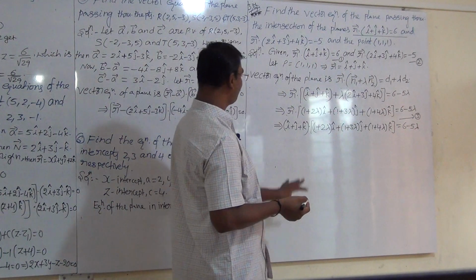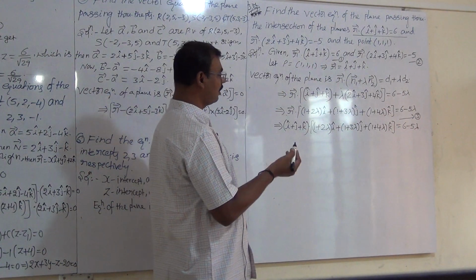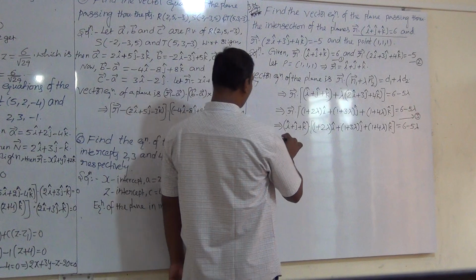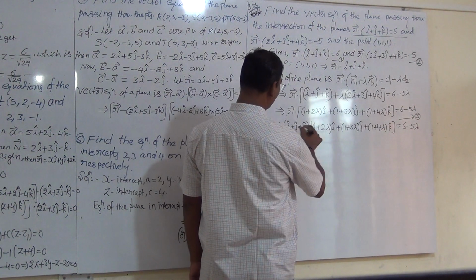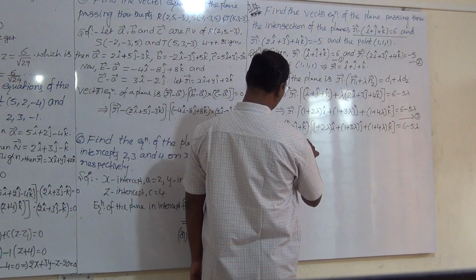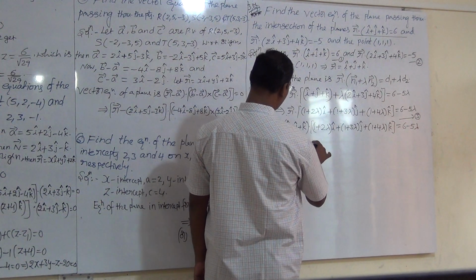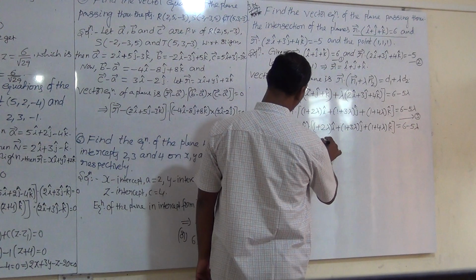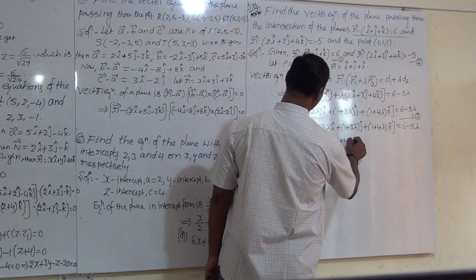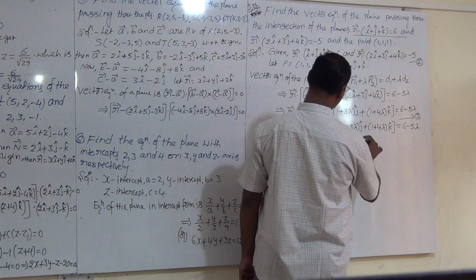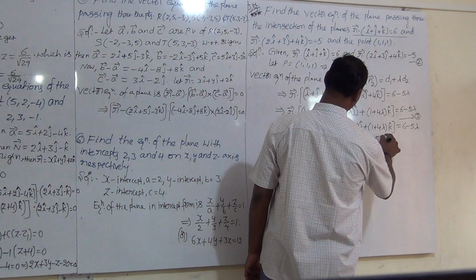Cleared? Substituted. Now using the dot product method, i dot i, j dot j, we know that. So applying the dot product, it becomes 1 into this value: 1 plus 2 lambda plus 1 plus 3 lambda plus 1 plus 4 lambda equals 6 minus 5 lambda.